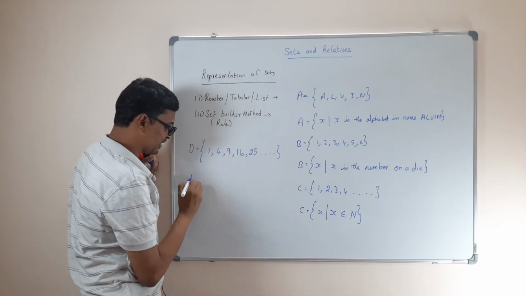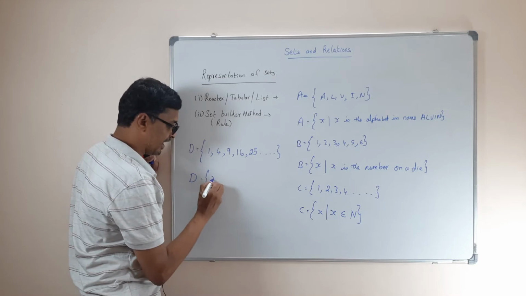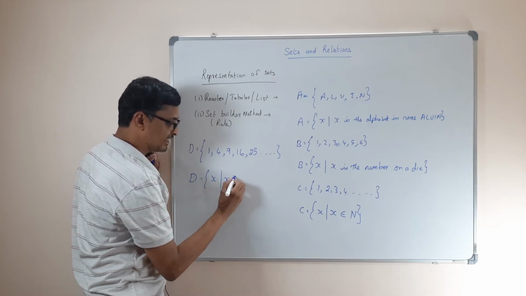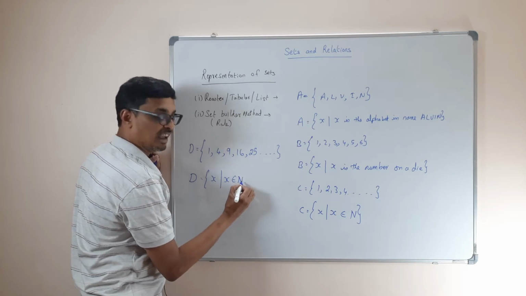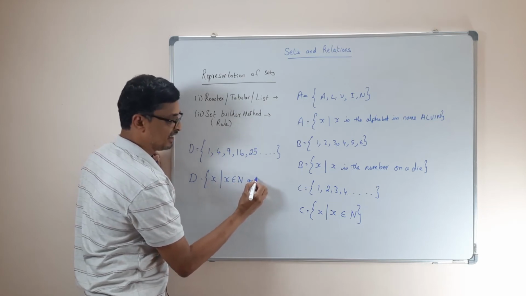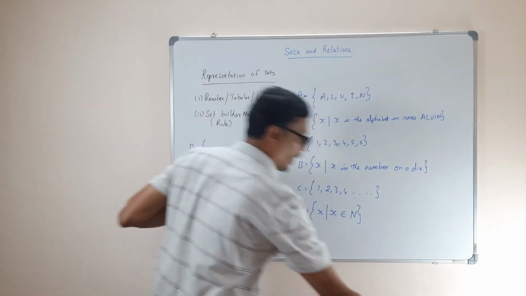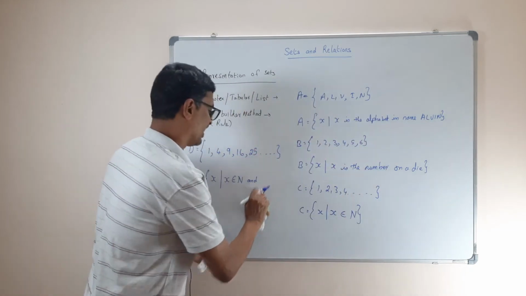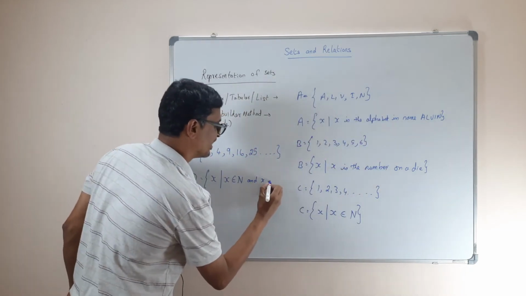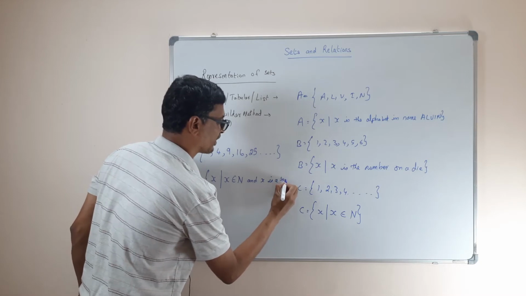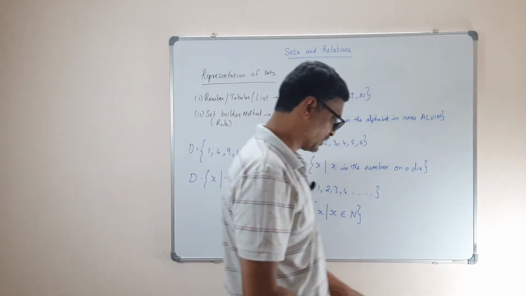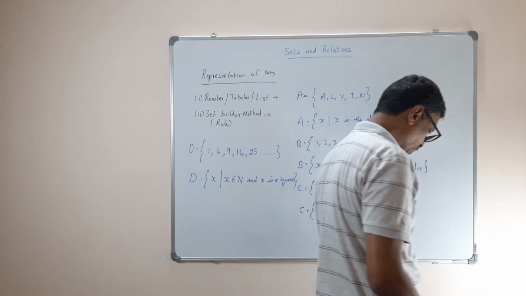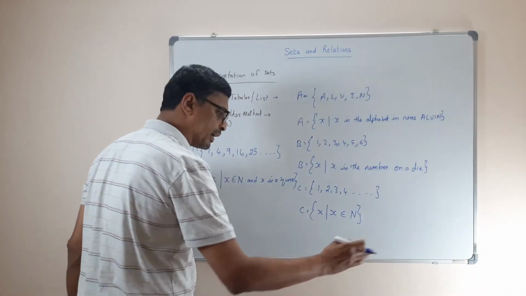So in a set builder form, how will you write? x such that x is an element of, first of all, the natural numbers, and x is a square. Correct? So this is the way you have to represent it.